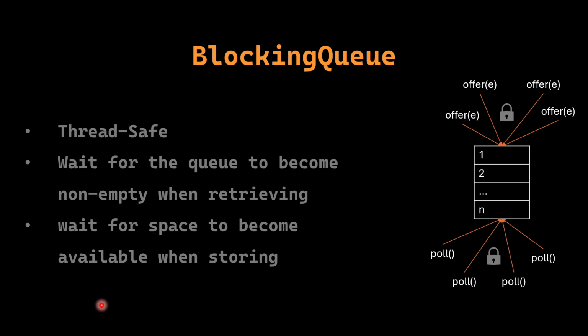Instead of busy waiting or complicated synchronization, threads can simply block efficiently until conditions are right. The blocking behavior is built into the data structure, making producer consumer patterns much simpler to implement. Now, let's examine the first and most commonly used implementation.